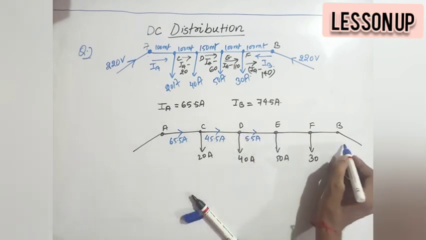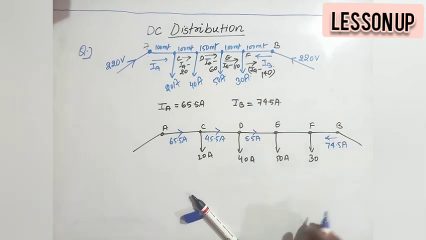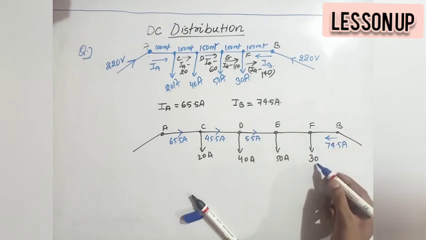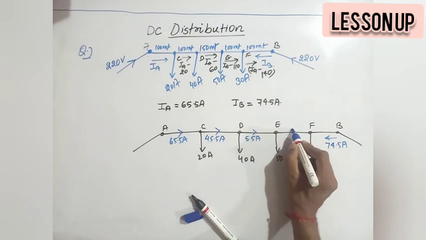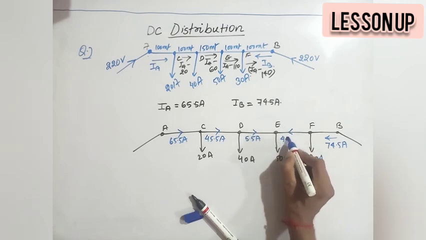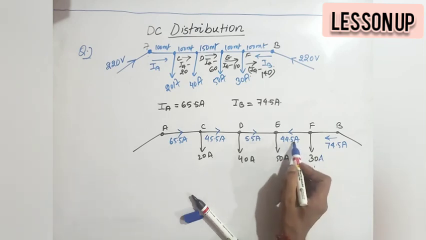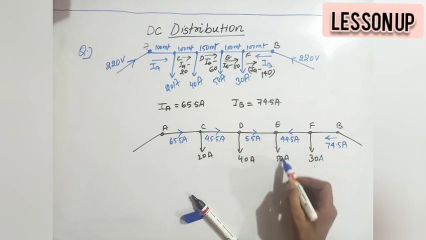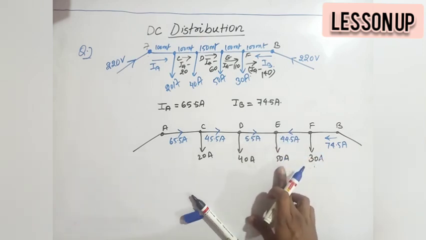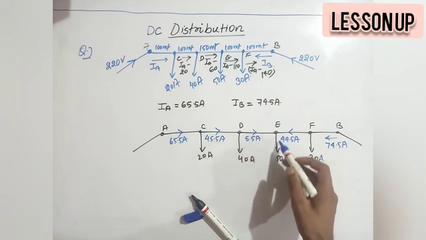Similarly, 74.5 ampere current flows from B side and 30 ampere is taken out at point F. So 74.5 minus 30 will give you 44.5 ampere, and this 44.5 and this 5.5 will be drawn at this point. So 44.5 plus 5.5 is equal to 50.